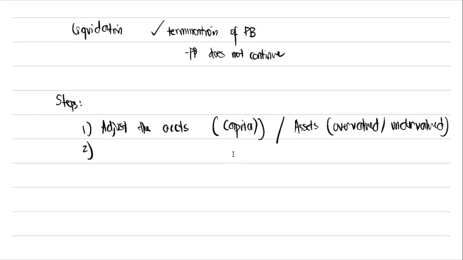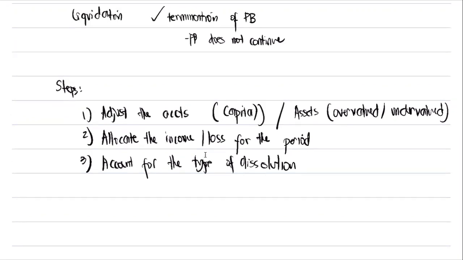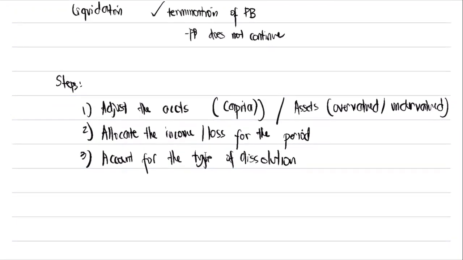Next, we allocate the income or loss for the period. And then lastly, we account for the type of dissolution. So take note of this, guys. It doesn't mean that if you dissolve the partnership, you will only account for the partnership dissolution. So we follow these steps.